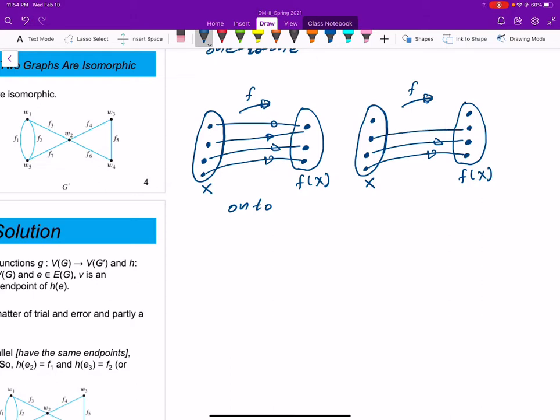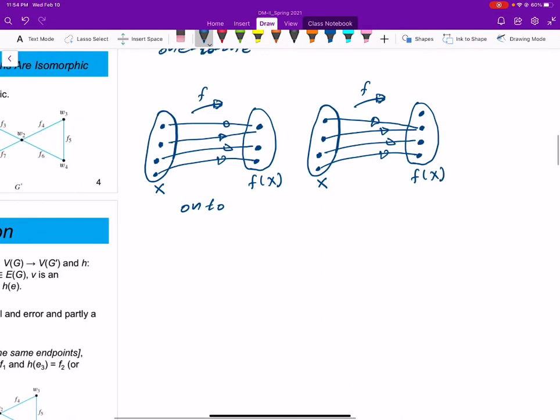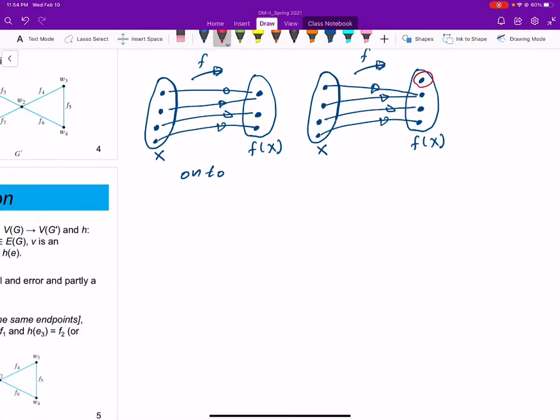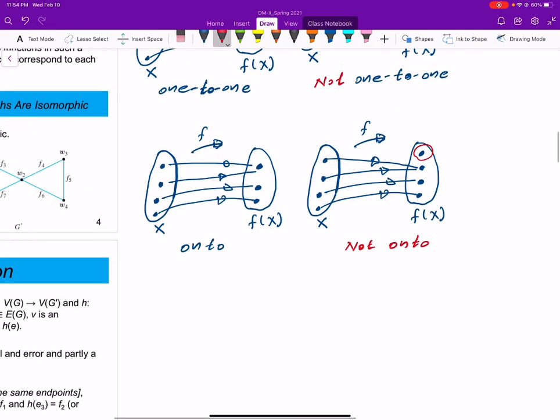This is mapped to that. That is mapped to this. So this element is not mapped. So that is not onto. Now you can understand one-to-one and onto.